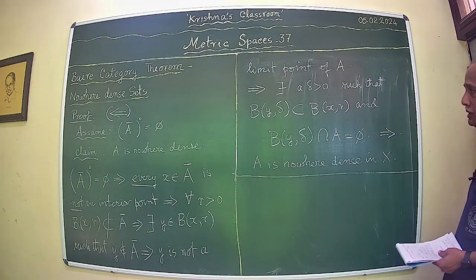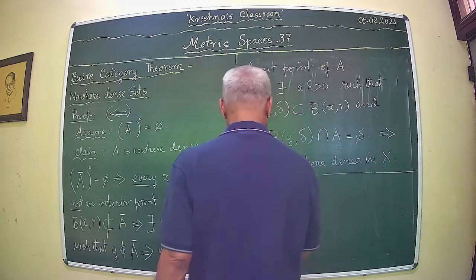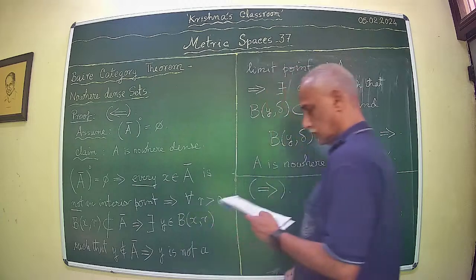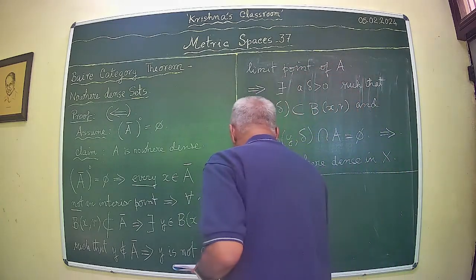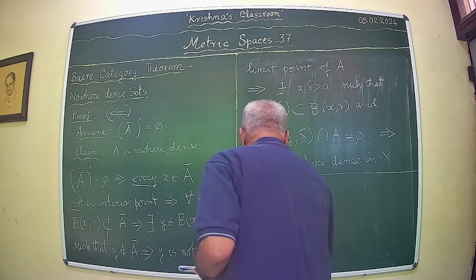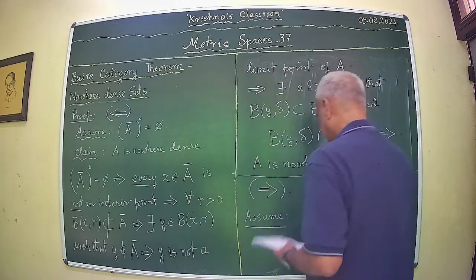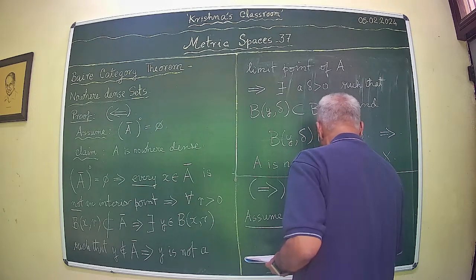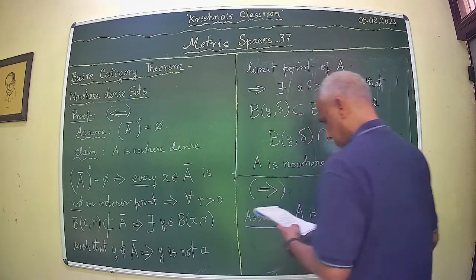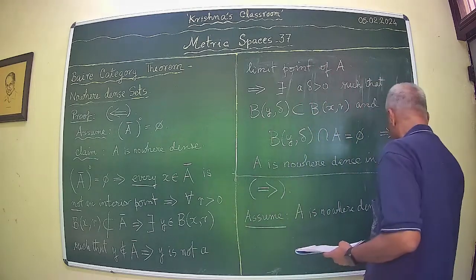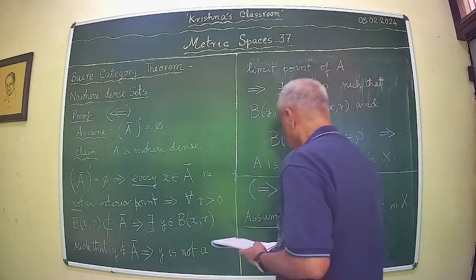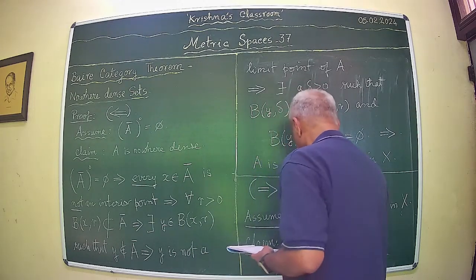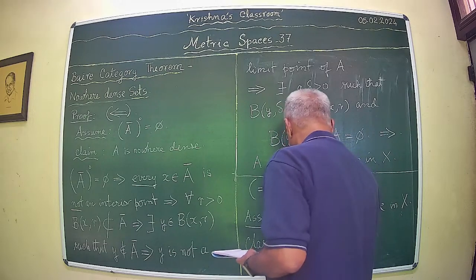Now what we want to prove is this forward direction. So we assume A is nowhere dense, and what we claim is that A closure interior is empty.